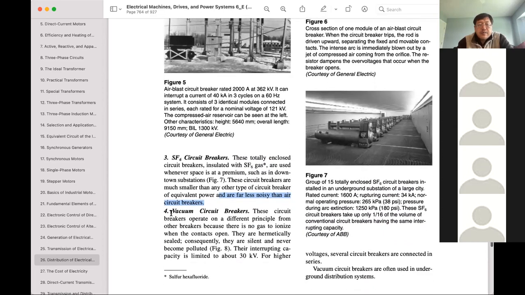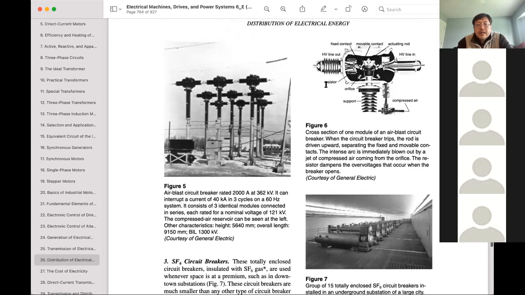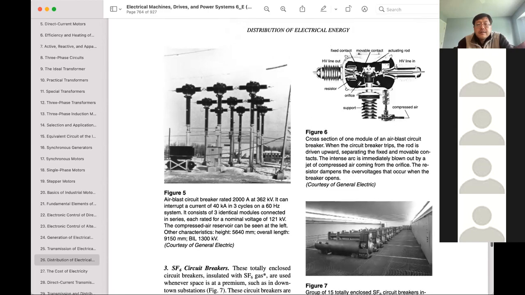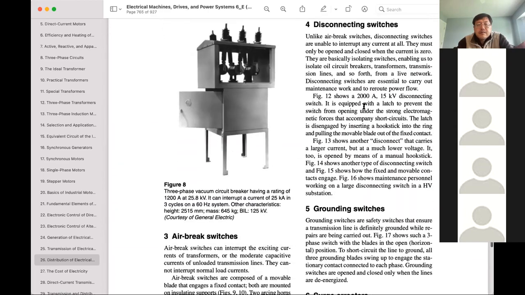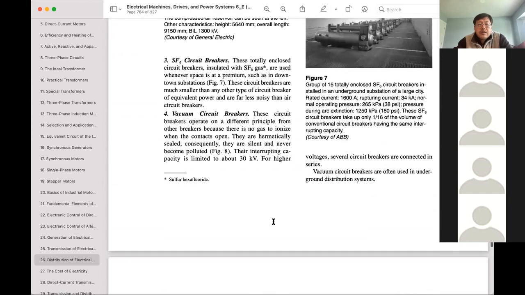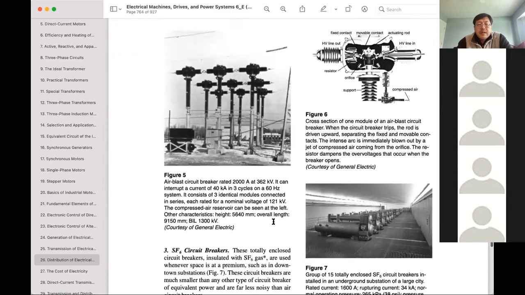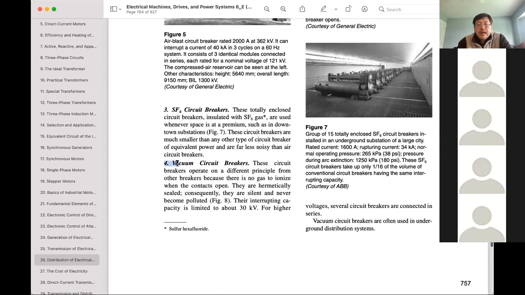The last one will be the vacuum circuit breaker. So this is a vacuum circuit breaker. There are 4 different types of circuit breaker depending on the applications. Some use a vacuum circuit breaker because in vacuum you will not have a spark. In theory, you cannot generate a spark in a vacuum.